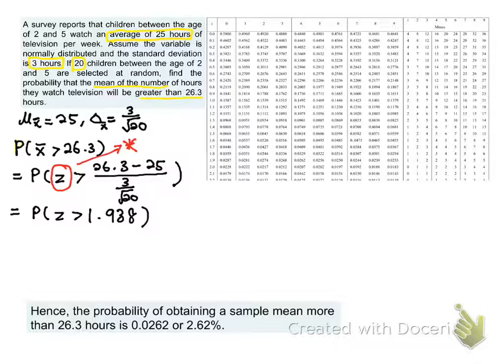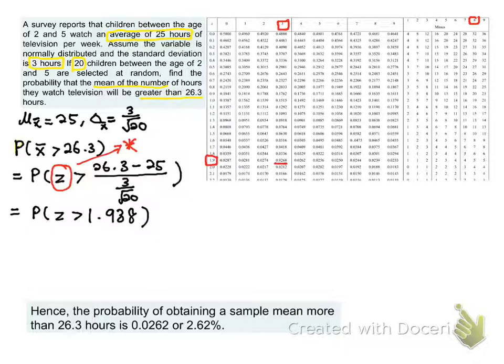Okay, now how do we refer to the table? 1.9. Is it here? 1.9, and 3 is where? 3 is here, right? And 8 is here. So what is the value right now? 0.0268 minus 5, right?